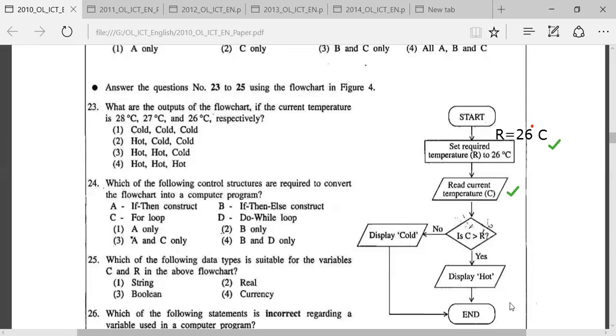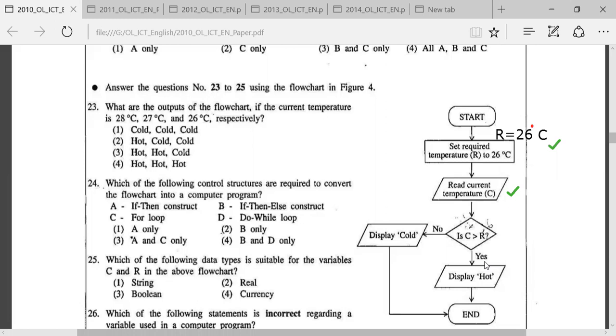So the summary is, this is a simple selection. You are having yes and no. This is a simple selection flow chart. Right. So initially we have gone through with this flow chart. Now I will consider the questions one by one.